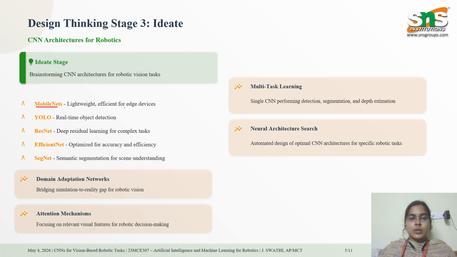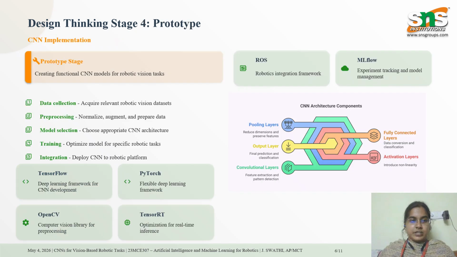ResNet is residual learning for complex tasks. EfficientNet is optimized for accuracy and efficiency. SegNet is for semantic segmentation and scene understanding. Apart from that, we have domain adaptation networks, attention mechanisms, multitask learning, and neural architecture search. So these are the various architectures available for particular and specific applications.